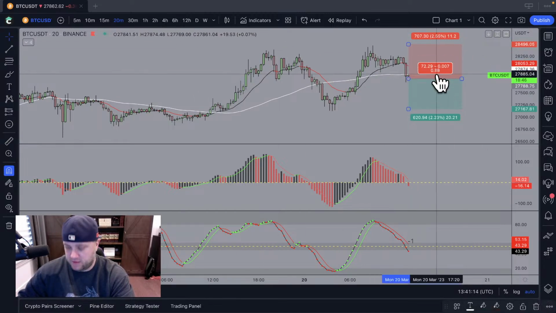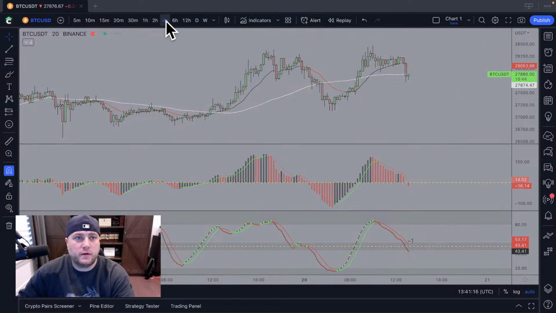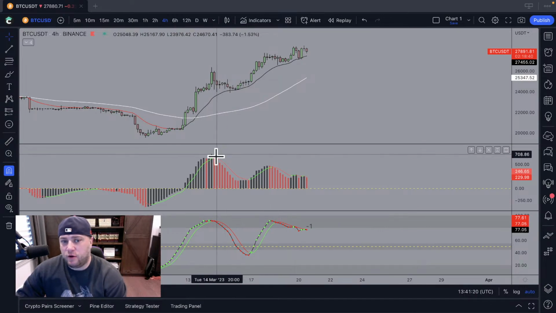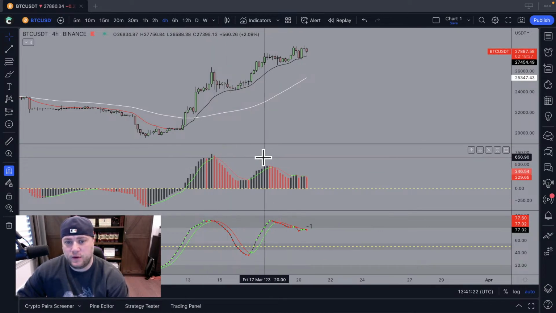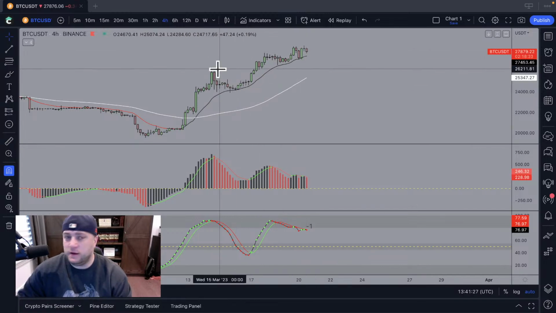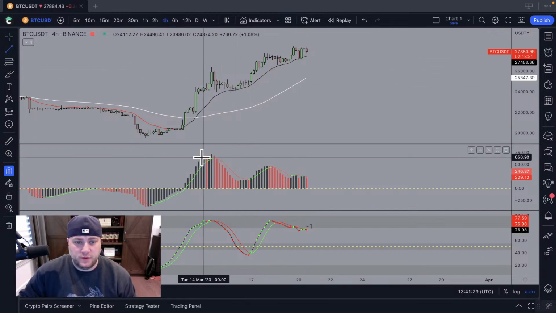But let's go see if I can hide it real quick. Let's go to the 4-hour chart and set up our 4-hour chart. And you can see even on our oscillators, we have lower highs and we have higher highs on the price action.